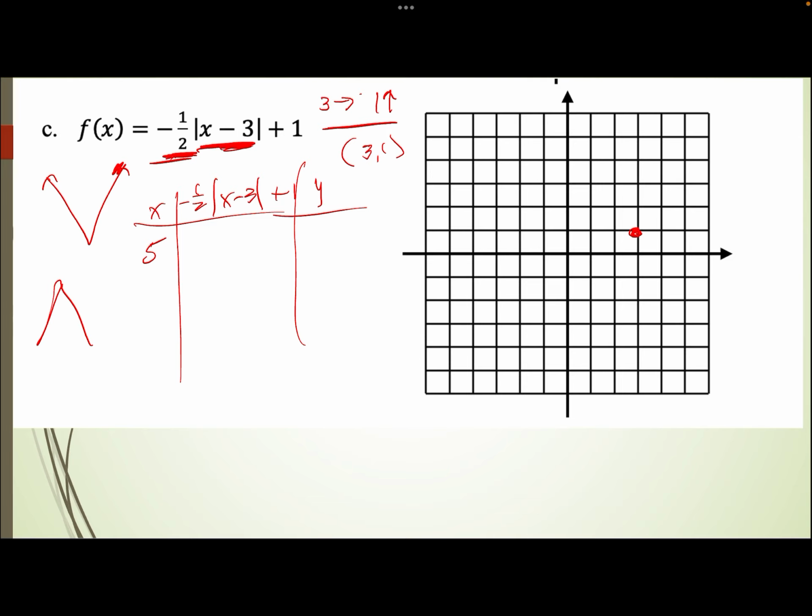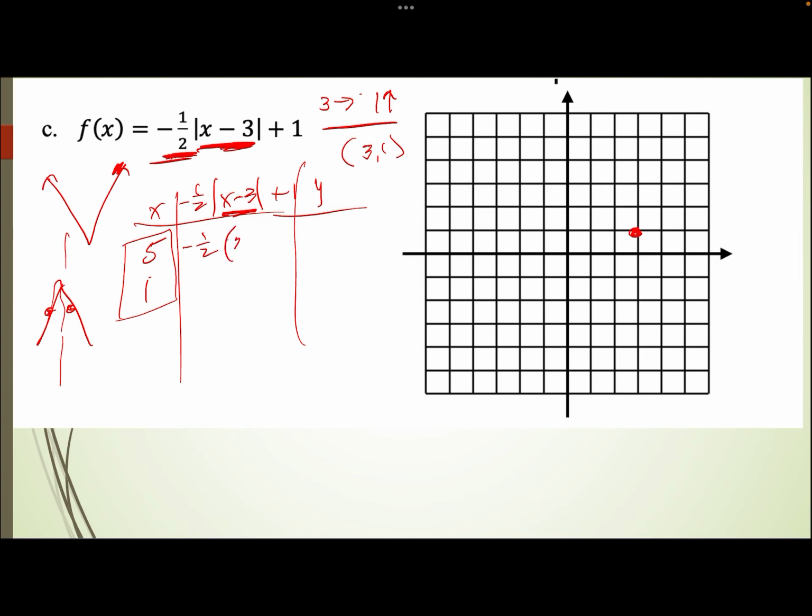And that absolute value is symmetric, just like the parabola. So if I put a 5, it's going to give me the same as a 1. These two are going to give me the same values. Because look, 5 minus 3 is 2. And 1 minus 3 is negative 2, but it's absolute value. So I'm going to get the same value for both of these.